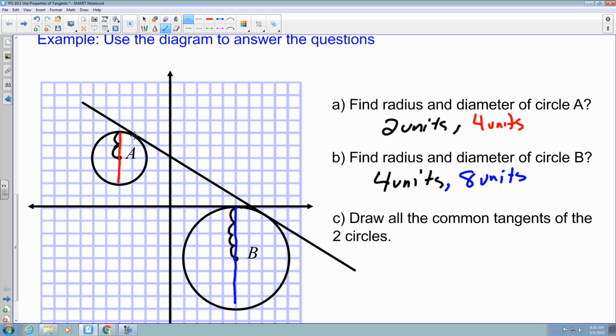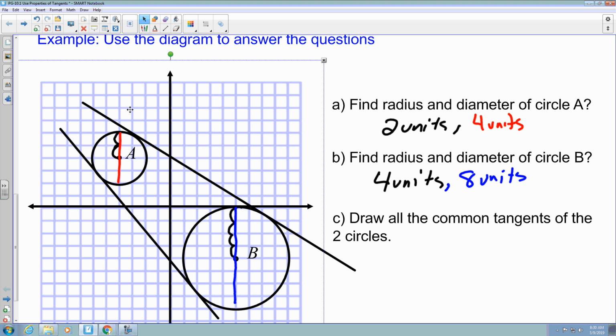It's tangent on circle A, and it is also tangent on circle B. So that's one. I bet we can get another one here, like so. I can do a little better. Represent the tangency. So there is our second common tangency.